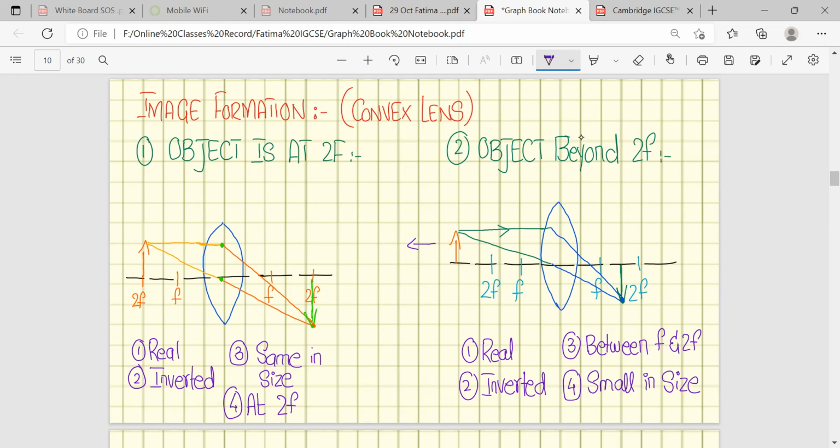Like in the first case, the image will form at 2f, but when we shift our object towards the left, our image will also shift towards the left-hand side, right? So the image will be in between f and 2f. And if you shift your object towards the right-hand side, the image of the object will also shift towards the right-hand side of the lens, right?